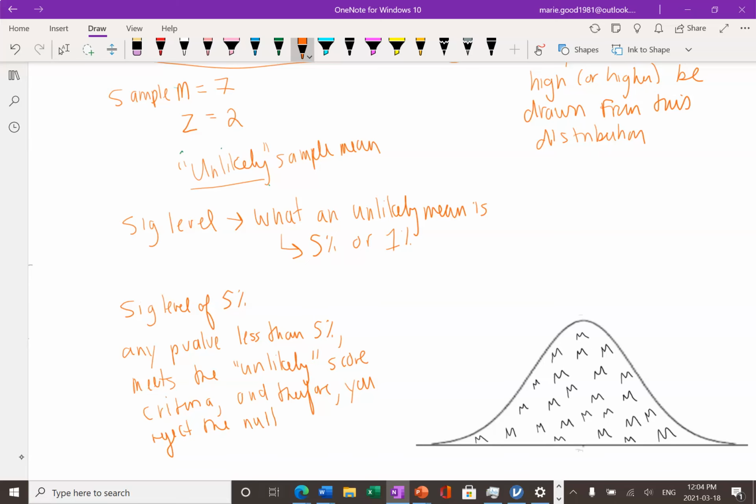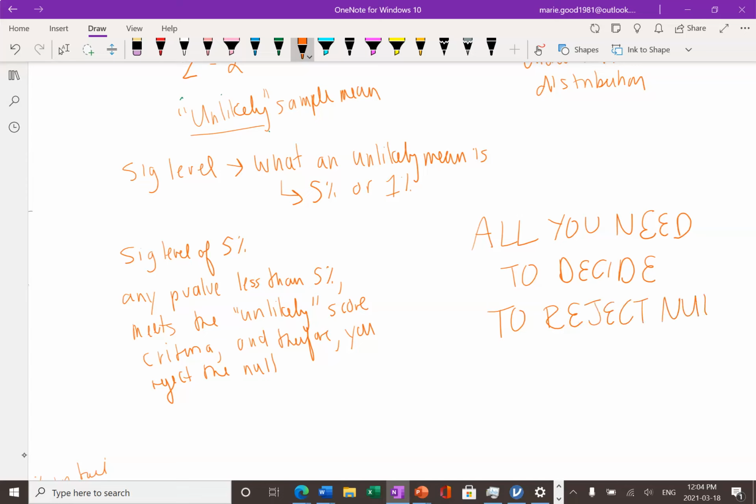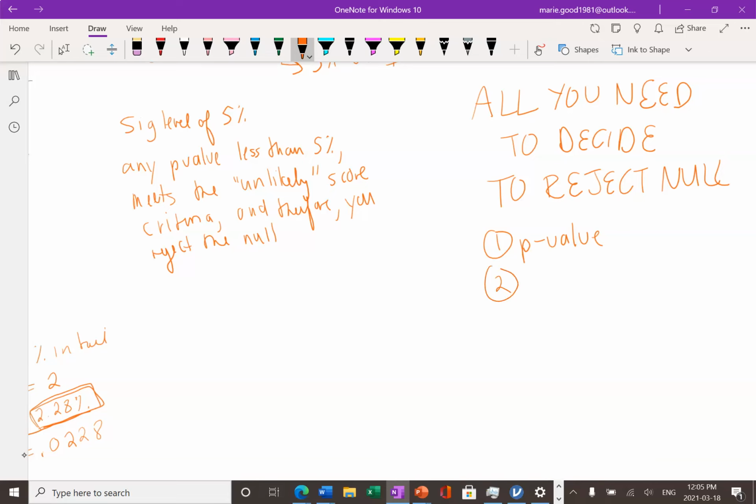So really, all you need to decide whether or not to reject the null is a p-value for your sample score, and you need to know the significance level.